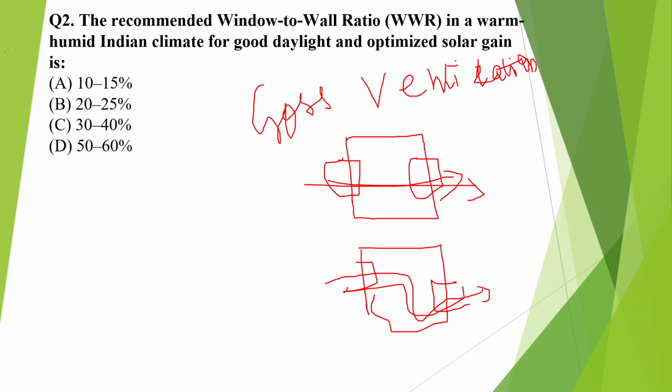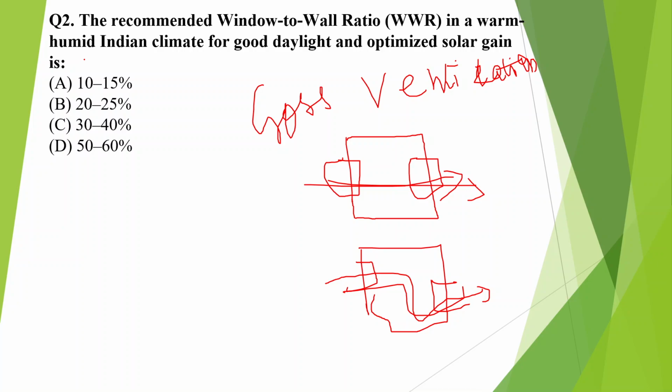All of you know very well that environment humidity can only be controlled with proper airflow. So if you are keeping your window to wall ratio, you have to balance both things: not much heat gain, but also proper windows for proper airflow. Then only can comfort conditions be reached.